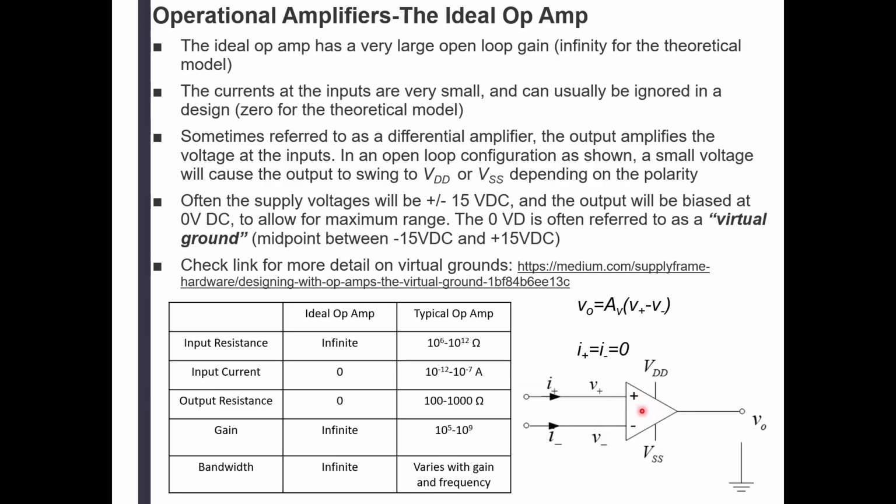Inside, the circuitry compares the potential of these two. If there's no additional parts, if this point is slightly higher than that, then the output is going to go all the way to the power supply. So if we are having 15 volts, then this thing is going to go 15 volts.